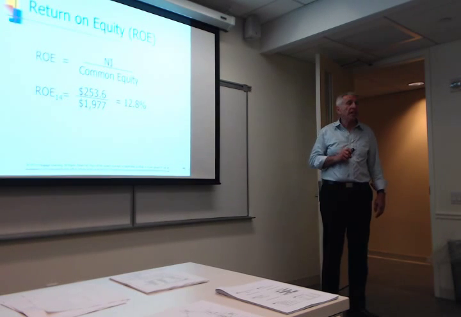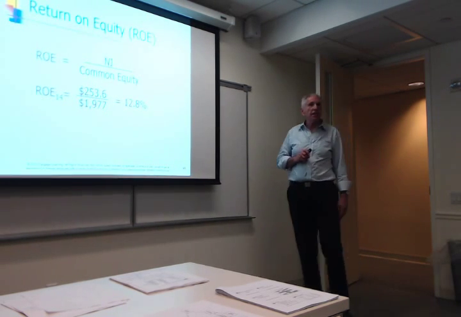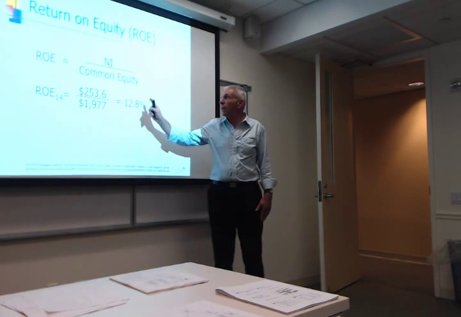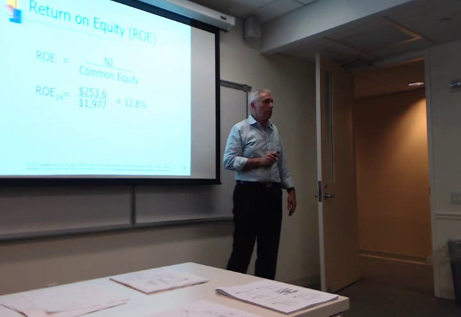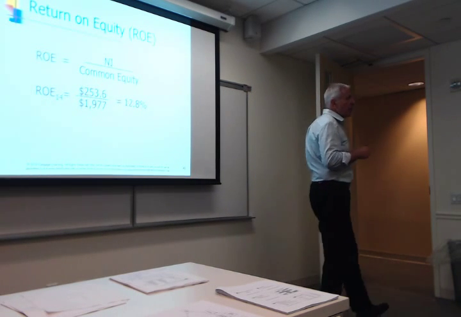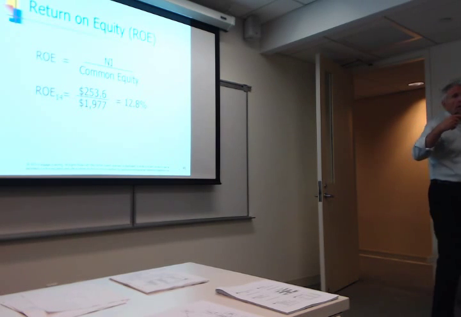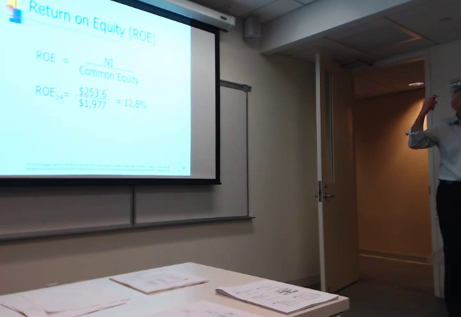We can also do the same, and instead of dividing it by total assets, we can divide it by our common equity. What this is going to tell us is for every dollar that the shareholder invested, how much are they getting back in net income?